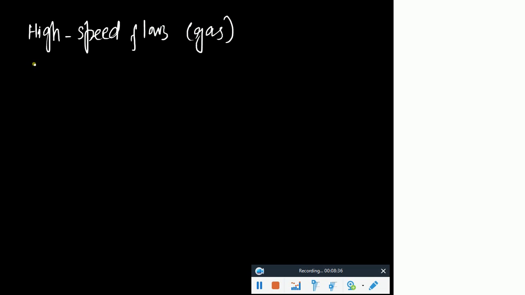Now, this statistical thermodynamics is very important in the field of high speed flows which are related with gas. You might be looking at chemical kinetics.